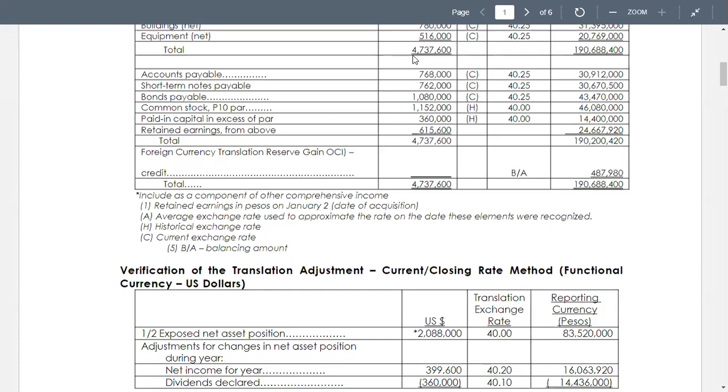Earlier, I discussed the guidelines in connection with the application of the current rate method and the temporal method. So, let's fill this up. Column 1, current rate method. Column 2, temporal method.